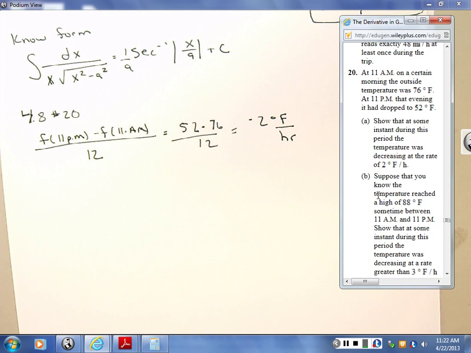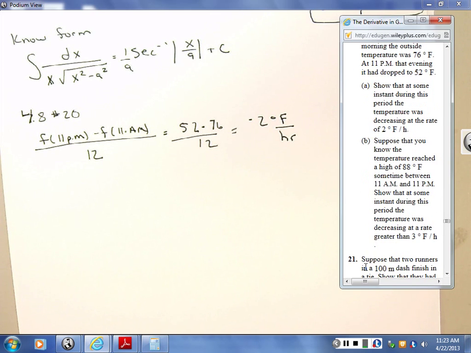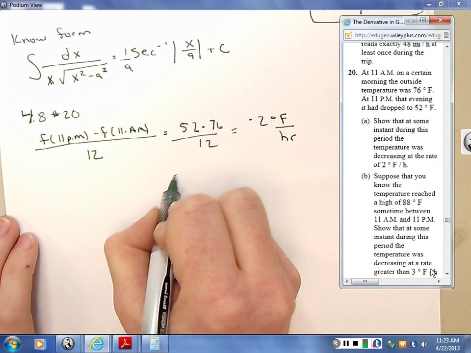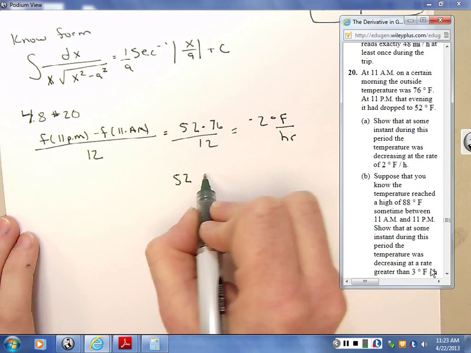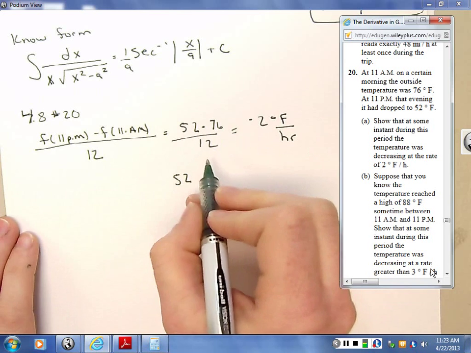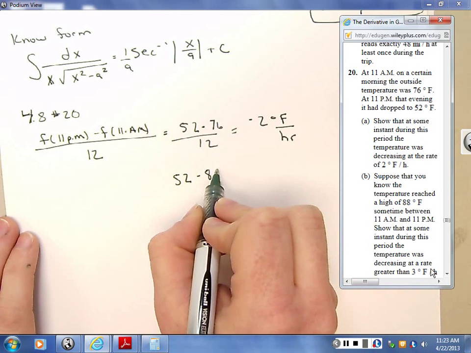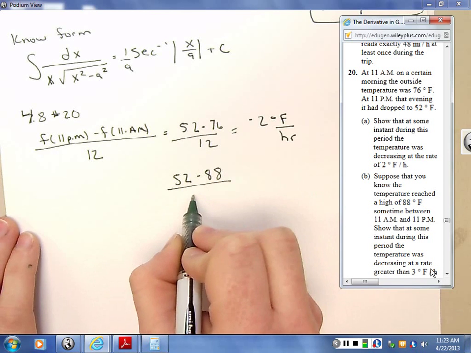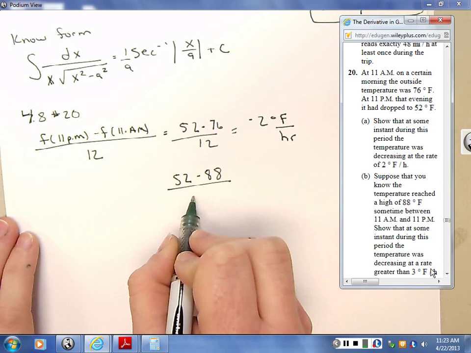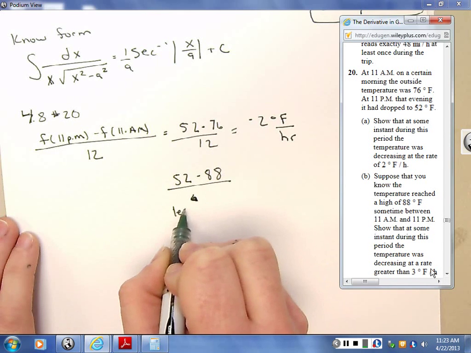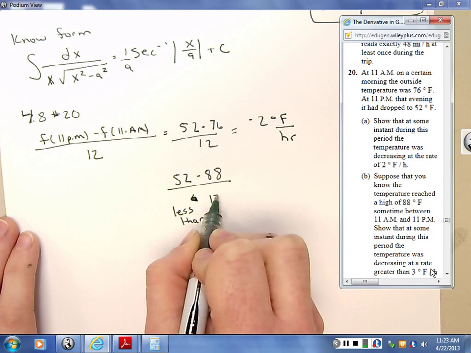Suppose that the temperature reaches a high of 88 sometime in between. So show that the temperature is decreasing at a rate greater than this. It's the same thing as saying I started at 88 and ended at 52, over some time less than 12 hours.